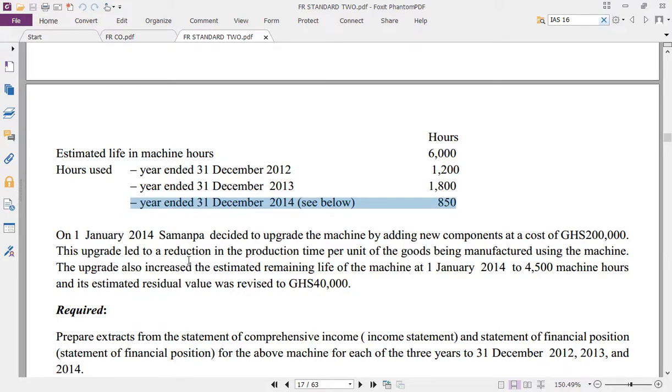This upgrade led to a reduction in production time per unit of the goods being manufactured using the machine. The upgrade also increased the estimated remaining life of the machine. At 1st January 2014, 4,500 machine hours, and estimated residual value was revised to 4,000.